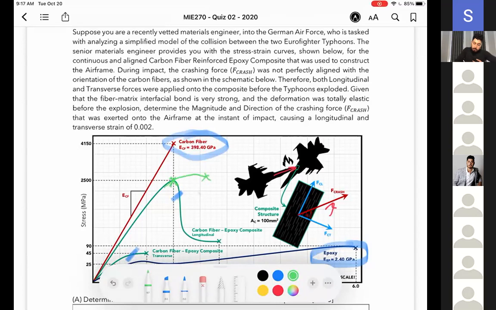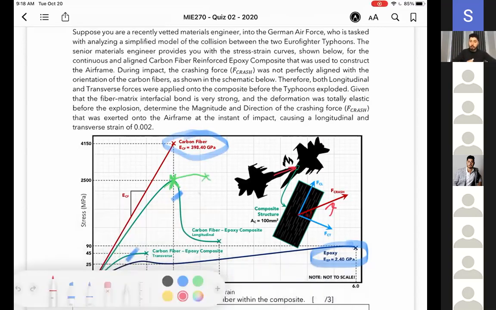Don't get confused. The point that I have a big X on is the onset of failure. That's not where the composite fails. That's the onset of failure. With that being said, I think we can move on, unless there are any questions about that.